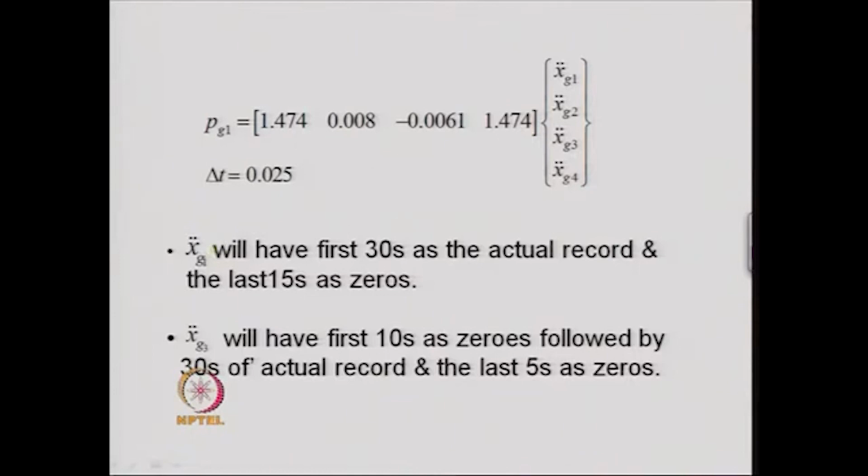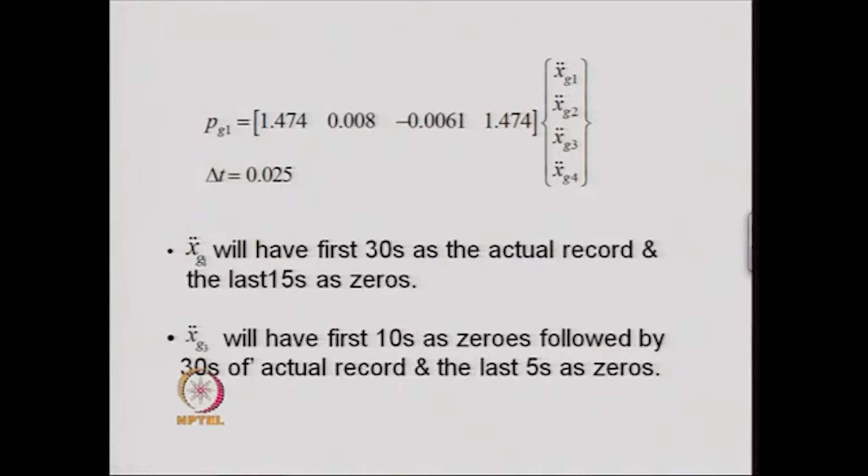So far as the accelerations at the four supports are concerned, we construct these time histories of acceleration at the different supports from the 30 seconds of actual earthquake record.